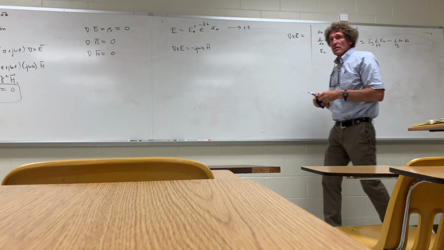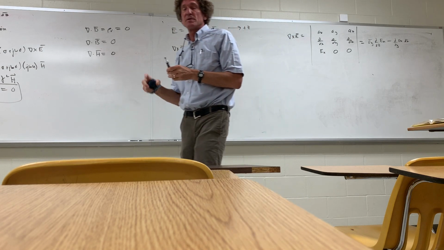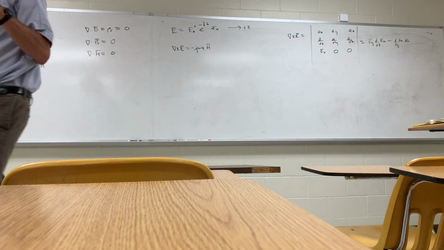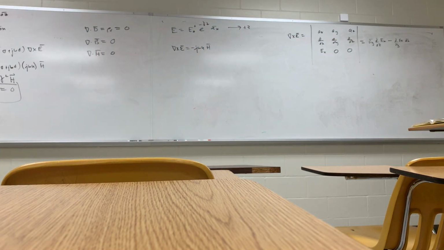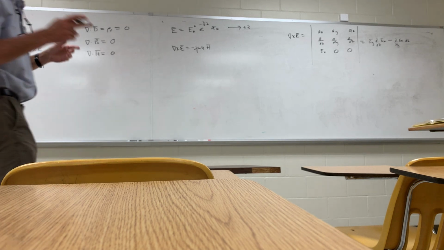That would be the curl. Do y'all agree with me? Y'all know how to do determinants? How many know how to do determinants? Your response isn't required, but it's nice to know.